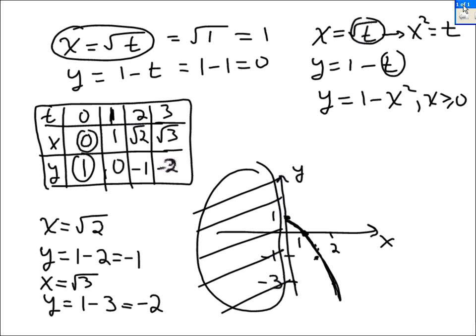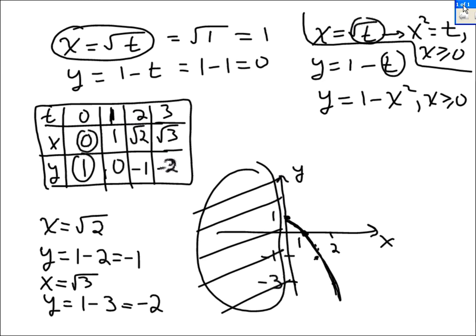So it's not exactly correct to say that this top line implies x squared is t. It implies that x squared is t, but x is greater than or equal to 0. When you square both sides, you might get erroneous answers.